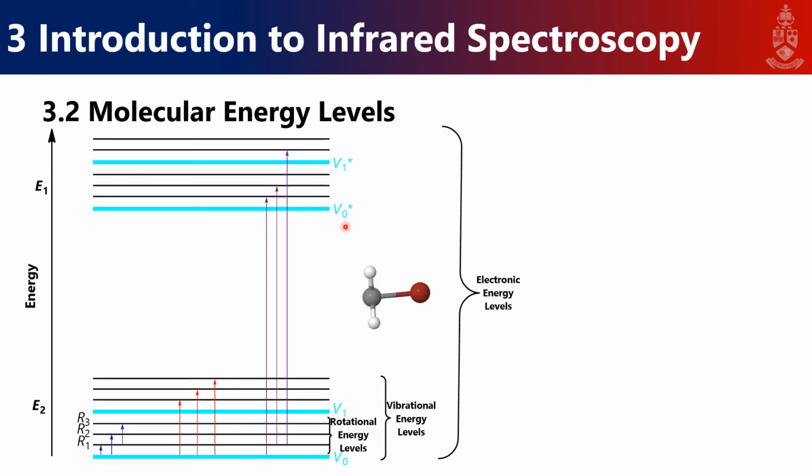Those are called electronic energy levels. But within these electronic energy levels, we actually get rotational and vibrational energy levels as well. We call them rovibrational energy levels.